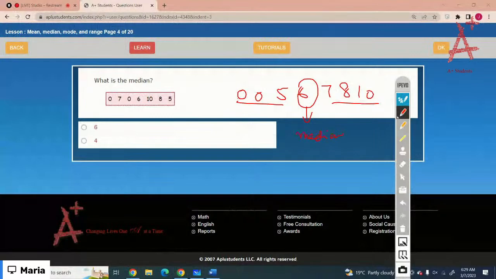So that is the median. So the median of the data is 6.